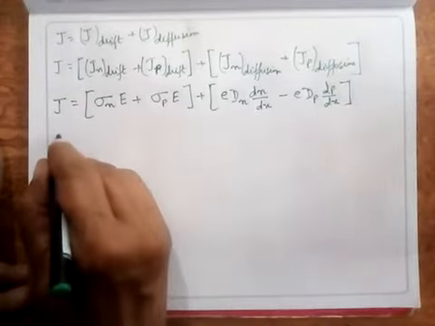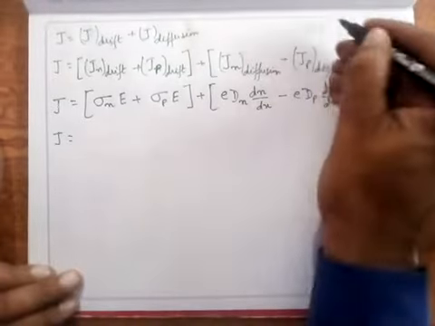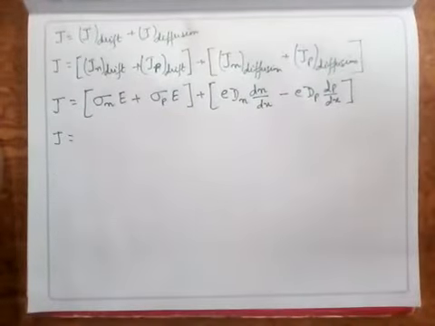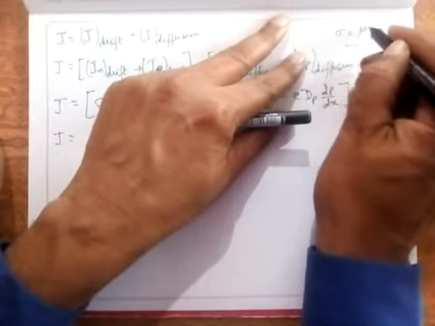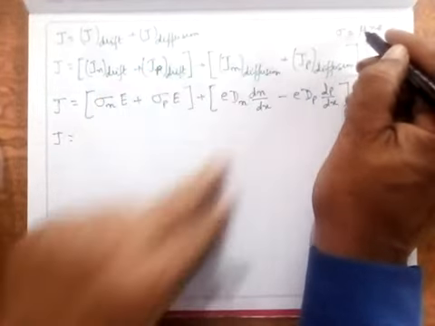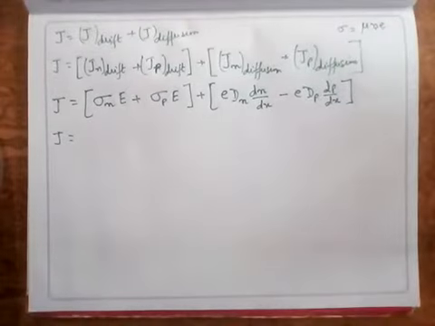Now this J, sigma is equal to mu Ne. We derived that sigma is equal to mu Ne. If you remember, sigma is equal to mu into N into E, or mu into charge density into electronic charge. Which charge we are talking about?